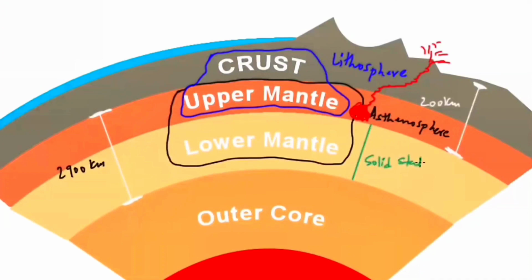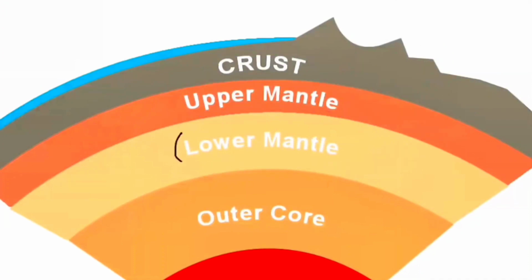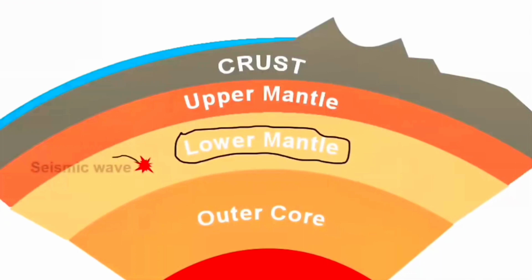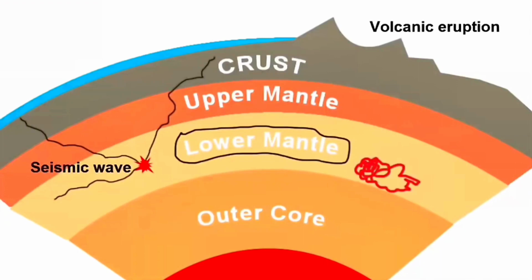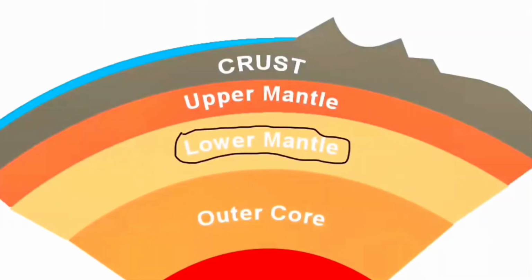The lower mantle extends beyond the asthenosphere and it is in the solid state. The lower mantle is also responsible for seismic waves and earthquakes. The temperatures at the lower mantle range from 870 degrees Celsius to 2200 degrees Celsius.